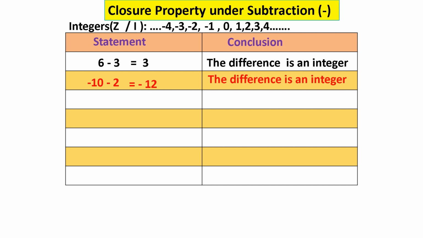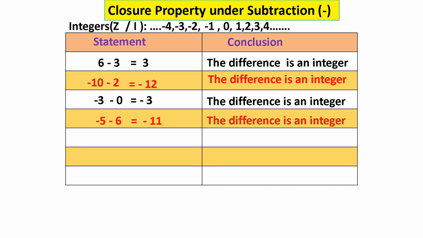So the difference is also an integer. -3 minus 0, we will get -3. The difference is also an integer. -5 minus 6, we get -11. So the difference of these two integers, we get an integer.